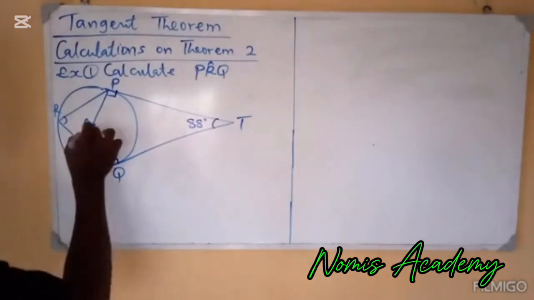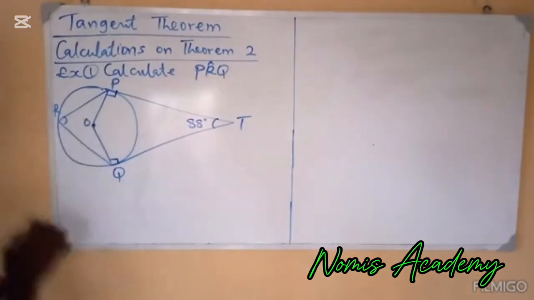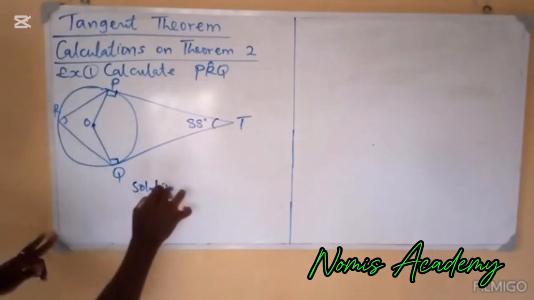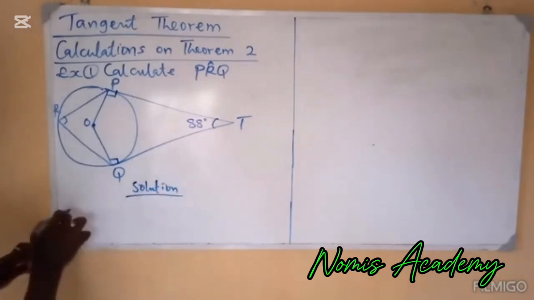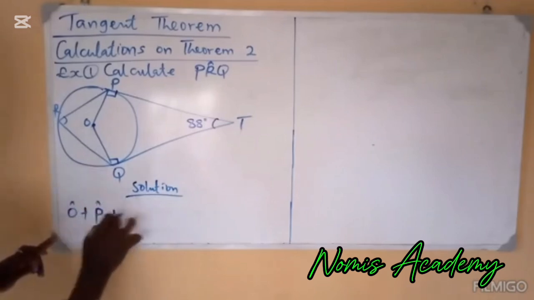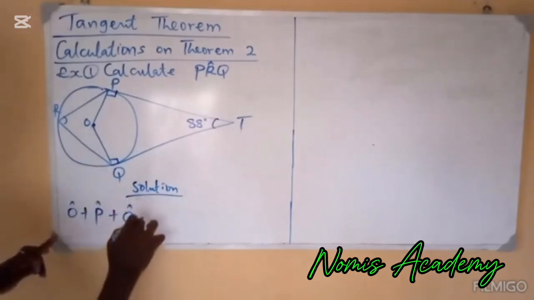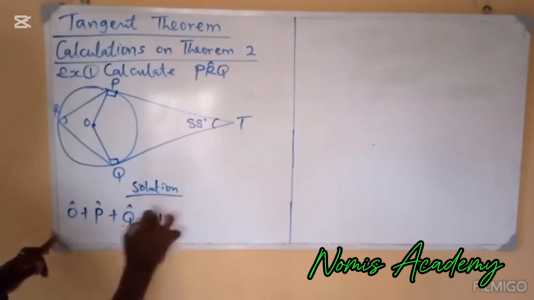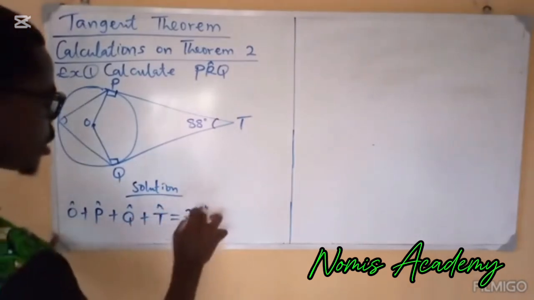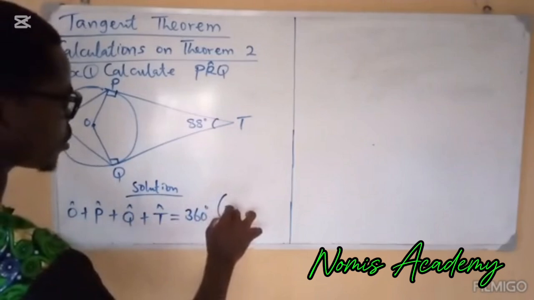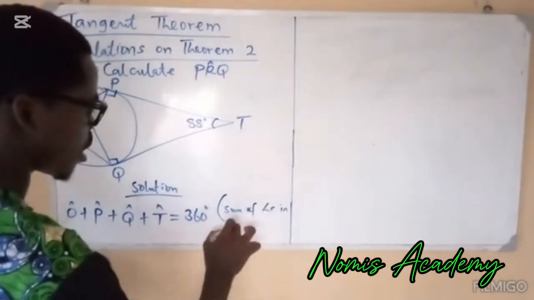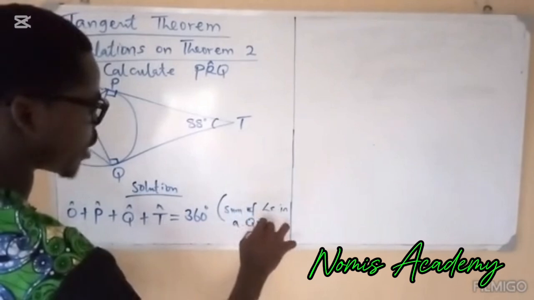Then let's find the angle at O. So we can say, solution: angle at O plus angle at P plus angle at Q plus angle at T sum up to 360 degrees, the sum of angles in a quadrilateral.